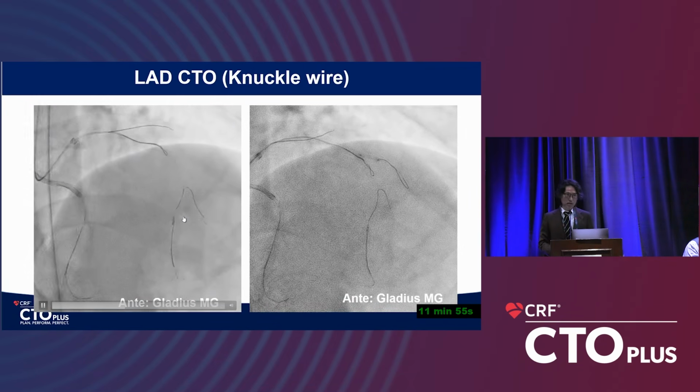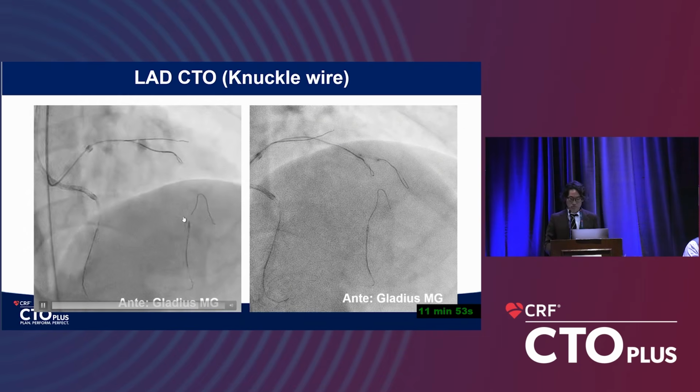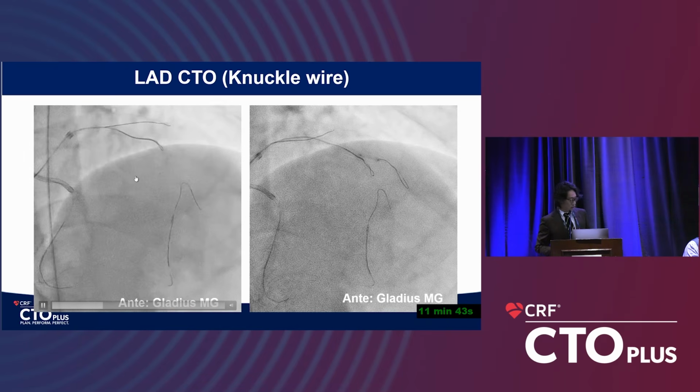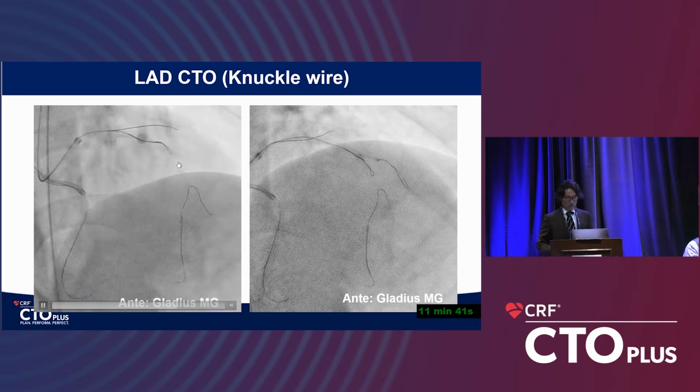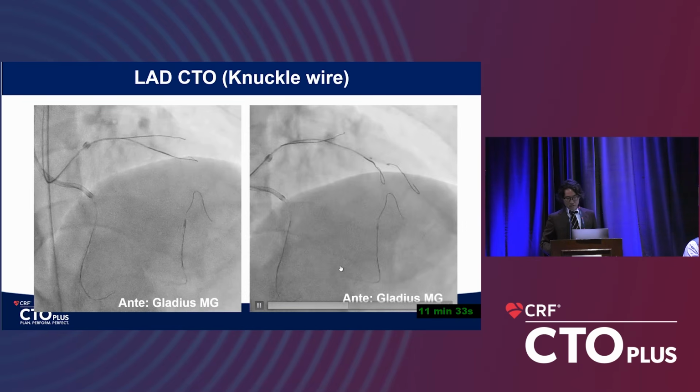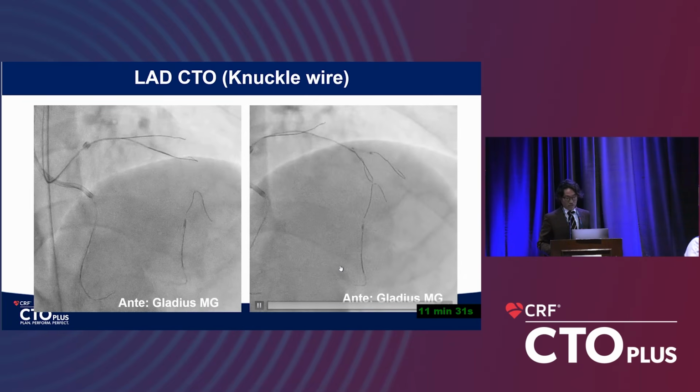Of course, this is a very stiff wire, and it is a little risky to go outside of the vessel. So I used the Gradius MG Mongo for knuckle wiring, and it went to the diagonal branch. I dilated the diagonal branch, and after that I negotiated the Gradius MG to the LAD. I mention that Japanese operators have recently used knuckle wiring with Mongo.